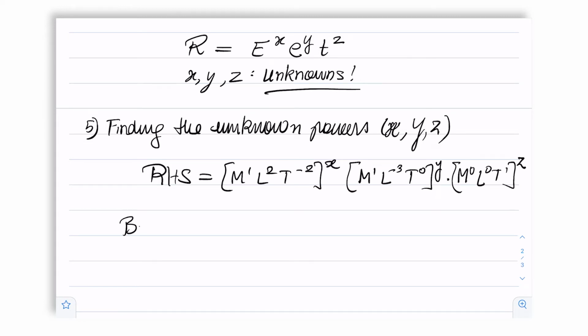But the LHS, the left hand side, is R, which is equal to L to the power 1, which means M^0 T^0.